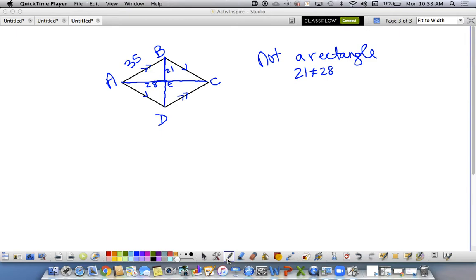So what could we do about just this little triangle right here? Let's change colors so it stands out. Triangle ABE. Could we find out what type of triangle ABE is? All right, so could we say 21 squared plus 28 squared?